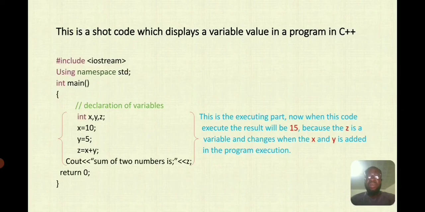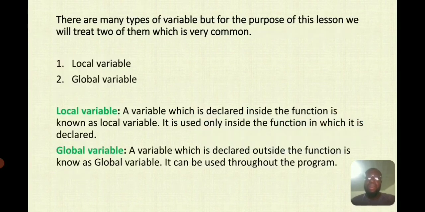After it's been added, it will bring the result, which is the value of z, making that result 15, because now there are some strings of codes which are making some computation. So automatically the z will change, making it a variable, because right now we don't know the actual number of z. So when the code executes, then we know the number, so it makes it a variable.